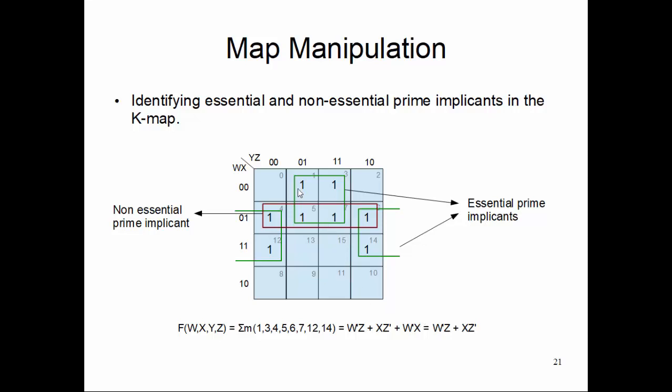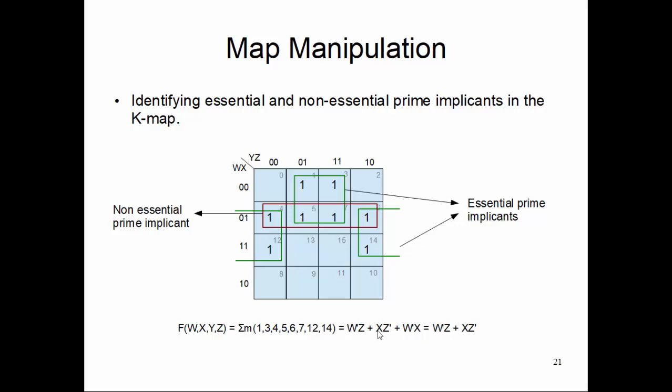So we can directly drop any non-essential prime implicant from our reduction step, or reduced expression. Even if we write it, let's say you're writing this non-essential prime implicant, which is essentially your w bar x, we can reduce it away by the consensus theorem.